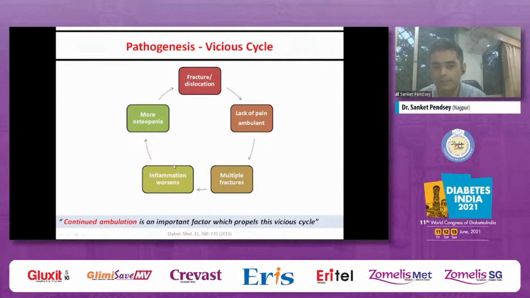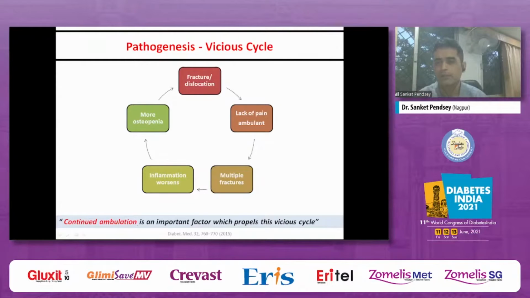Because of inflammation, the osteoclastic activity is more as compared to osteoblastic activity, leading to more osteopenia. More osteopenia leads to more susceptibility to fracture. So once a single fracture occurs, the patient enters into a vicious cycle. The perpetuating factor for this vicious cycle is continued ambulation, and this occurs because of lack of pain.